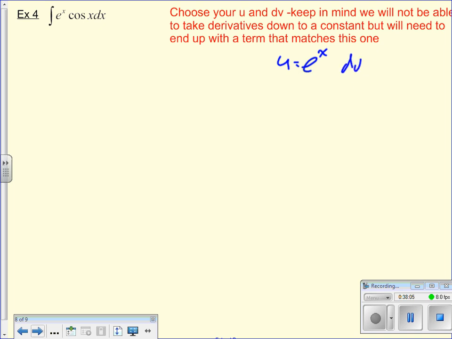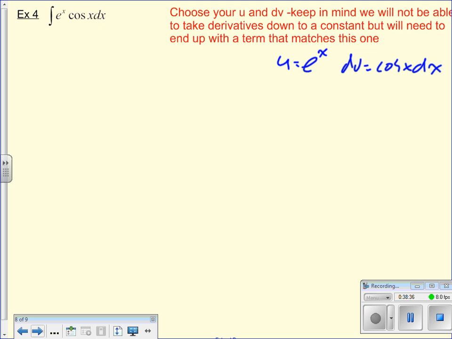Okay. So if u is e to the x, our dv would be cosine x dx. I'll put a little tab on the end so it's not a v. Does this have a little leg on it? No, it doesn't have a little leg on it. u's got legs. v's don't got legs.